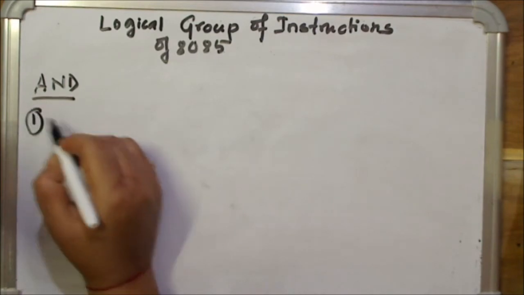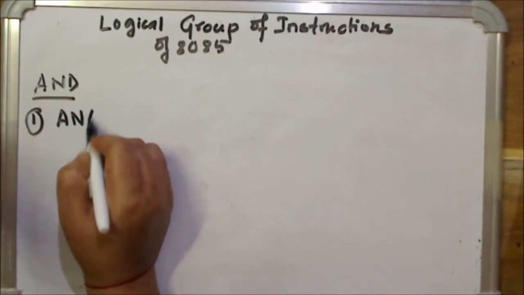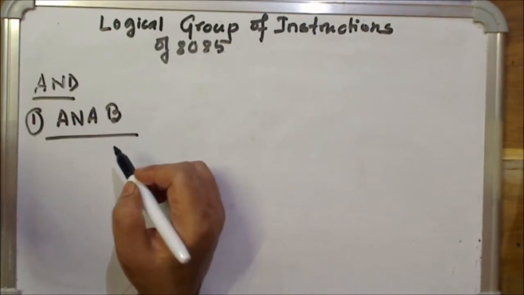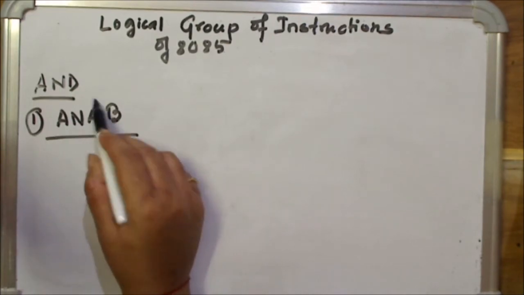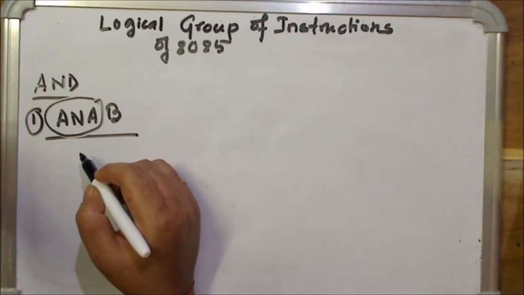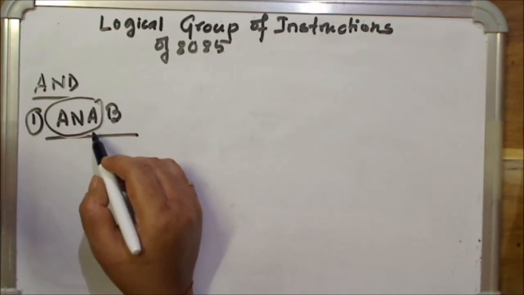So the first instruction is ANA B. Now what does ANA mean? The ANA stands for AND the contents of accumulator with some register. Since 8085 works on accumulator, A is taken as the default register.